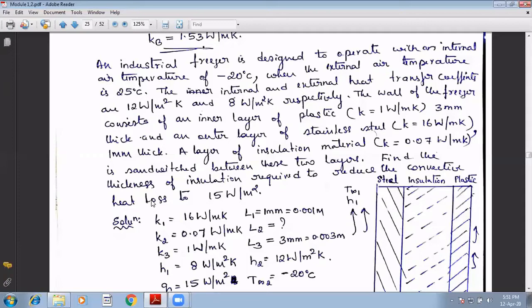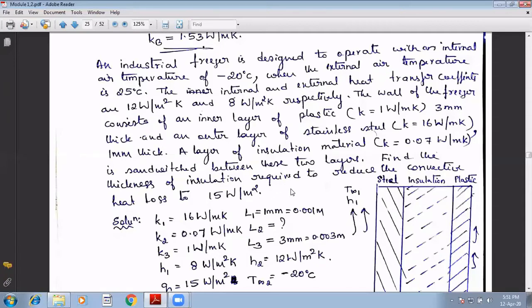A layer of insulating material with a K of 0.07 is sandwiched between these two layers, and the thickness of the insulation is required to reduce the convective heat loss.